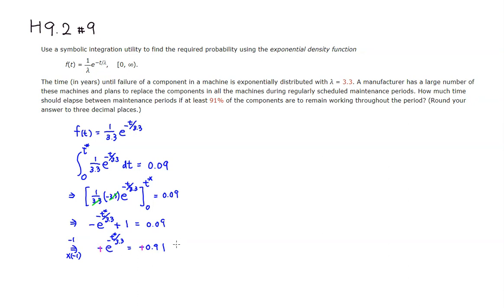Then I'm going to go up here since there's more room. We take the natural log of both sides. So you have the natural log of e to the negative t star over 3.3, and that's equal to the natural log of 0.91, right?